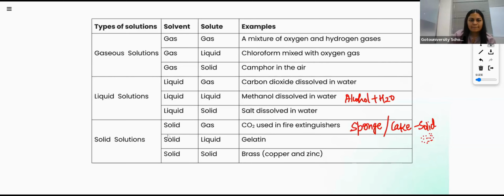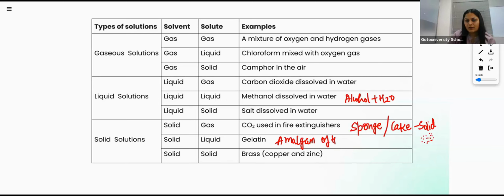For the next category, where we are taking solid as a solvent and liquid as solute, we have taken here the gelatin example. You can also use an example of amalgam. Amalgam is what?